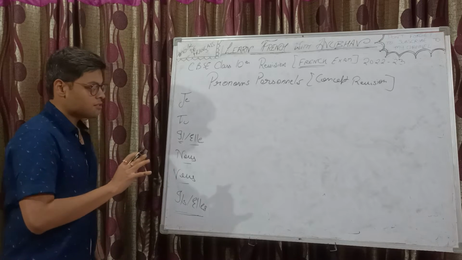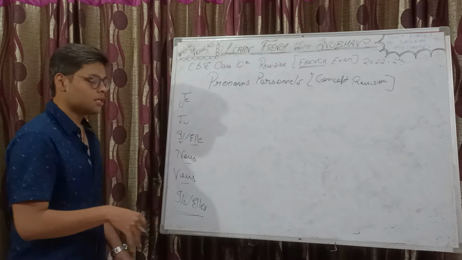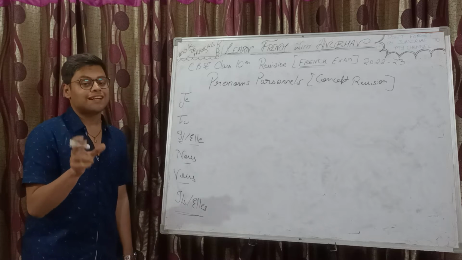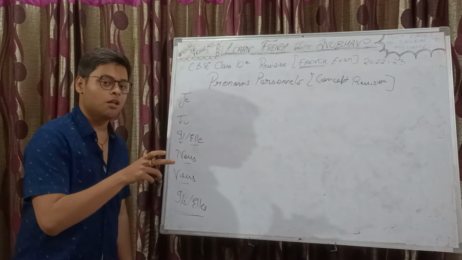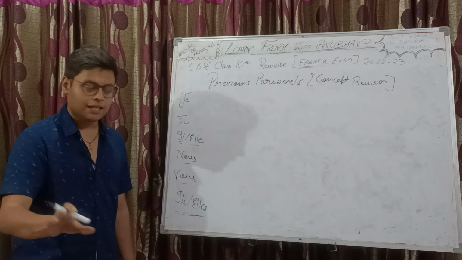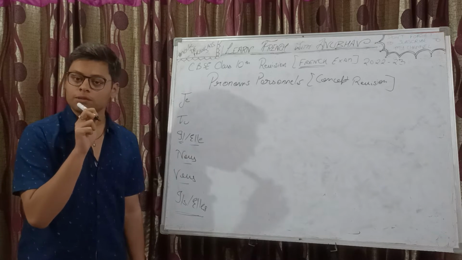So we are going to have some pronouns corresponding to these subject pronouns. Sometimes in your pronoms personnels question, it could be possible that a proper noun is underlined. For example, Paul aime les fleurs. Easy, right? And Paul is underlined. Now you might think what to do with this proper noun.